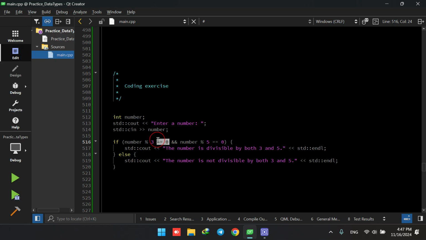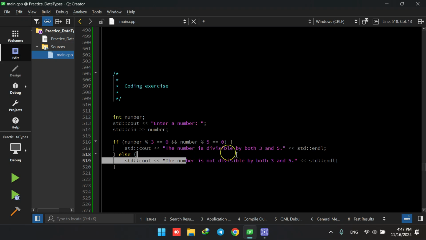If it equals 0, and at the same time when the number is divided by 5, its remainder equals 0, and both of these two conditions are true, then we print this to the terminal for the user.